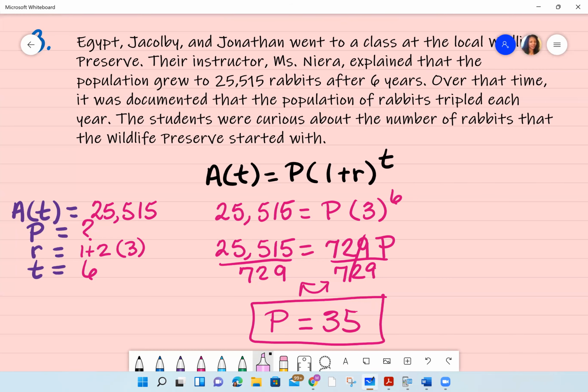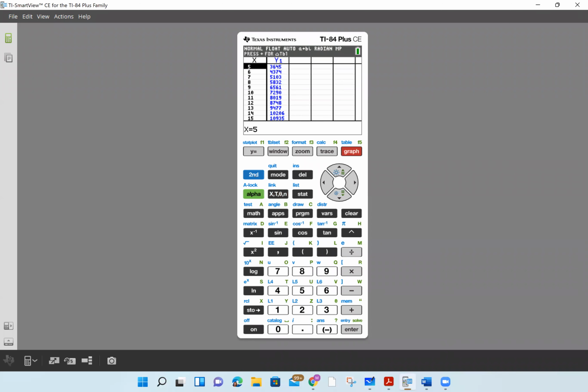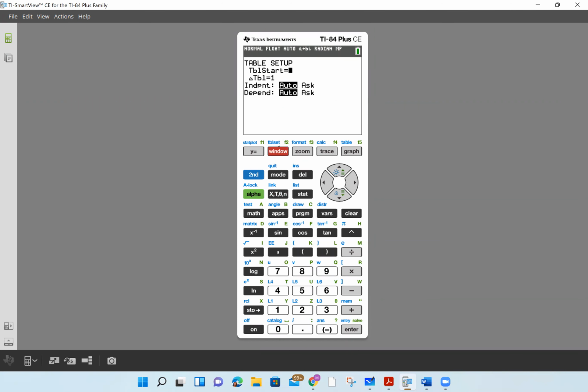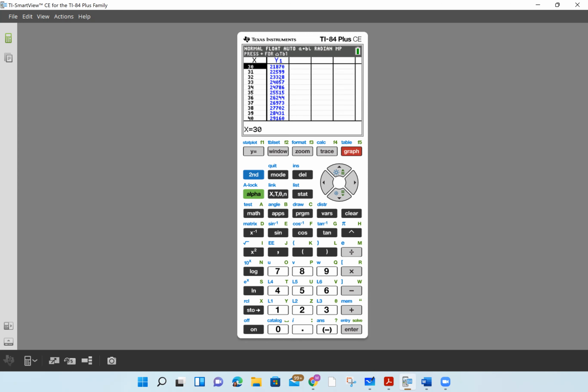If I'm trying to get to 25,000, let's just estimate that, I don't know, we already know the answer, but let's just use 30. So go to second table, and when Y is not quite where we want it to be, we want it at 25,515. So we're just going to keep going down until we see it. So right here, I see 25,515, or it can be close.